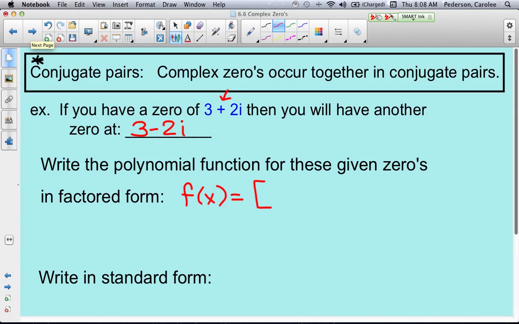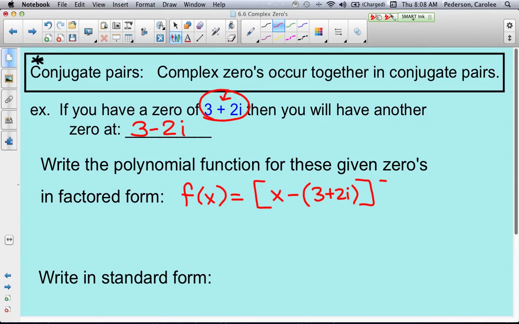And now remember, we have to think opposite. So x minus my 0. So I'm going to take this first 0, 3 plus 2i. So there's the first 0 in factored form.